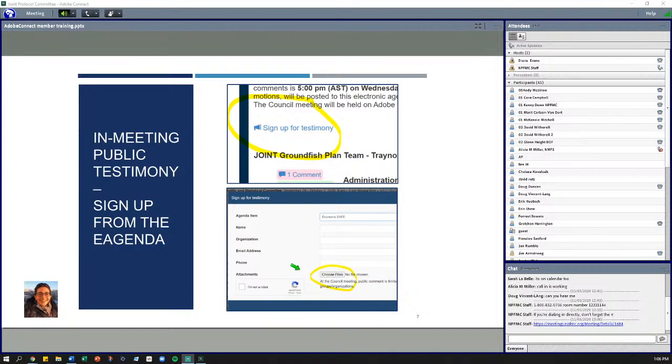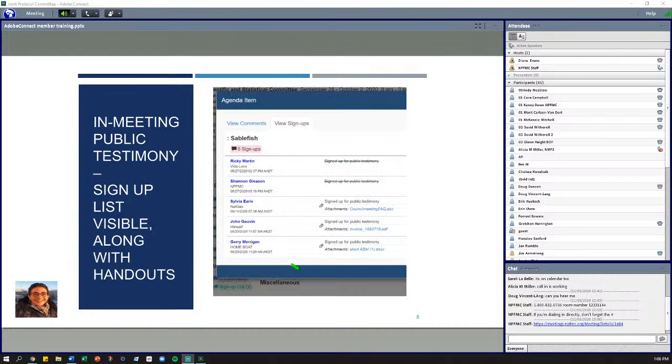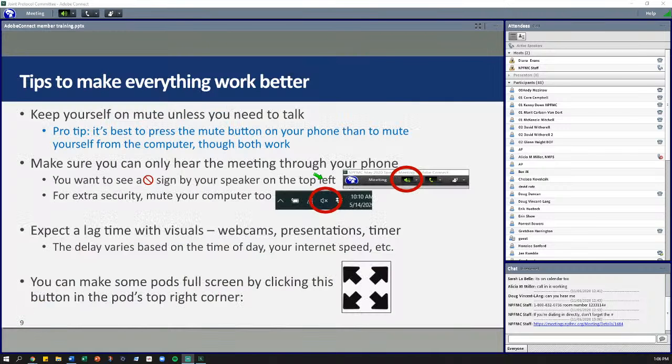I put the link in the chat box so you can go directly to our e-agenda. As we proceed through our meeting, you'll be able to see who is signed up and who has attachments that they want to show. Everybody can follow along with their own attachments on their own device. And when they testify, we will cross their names off.